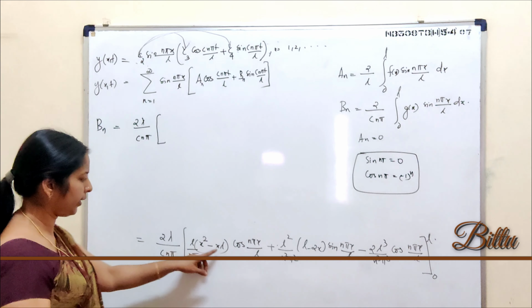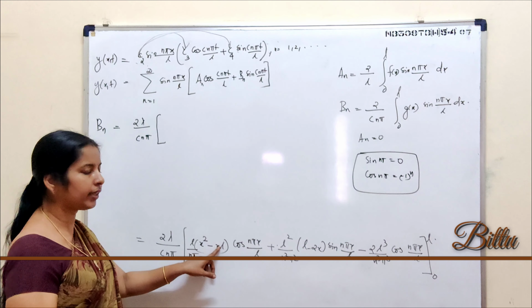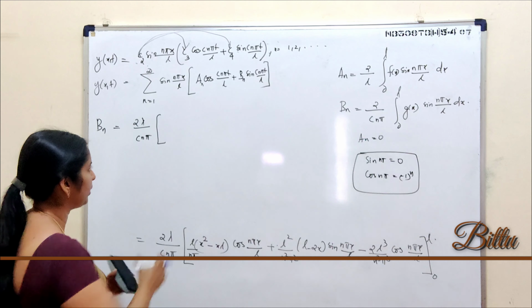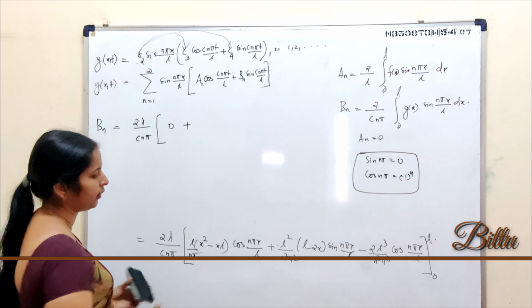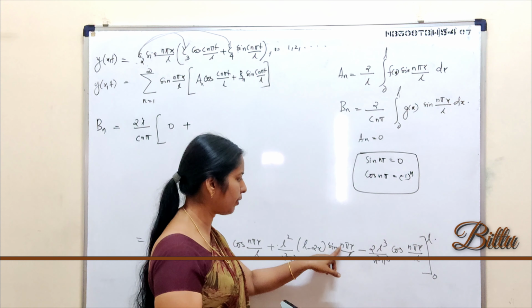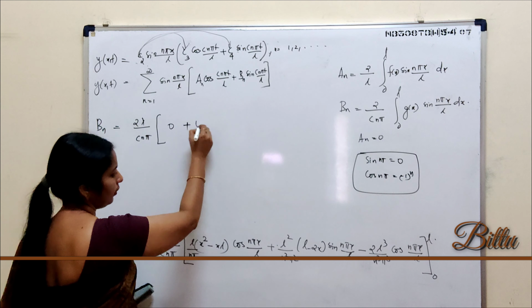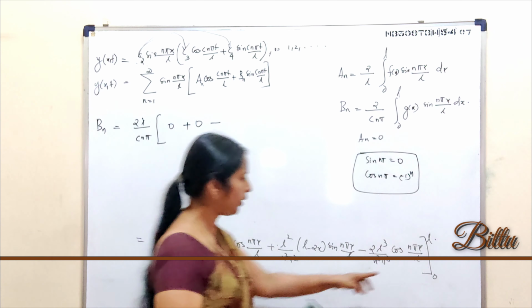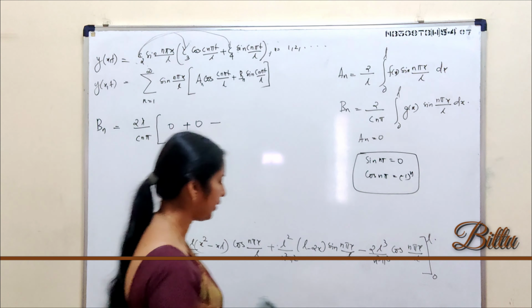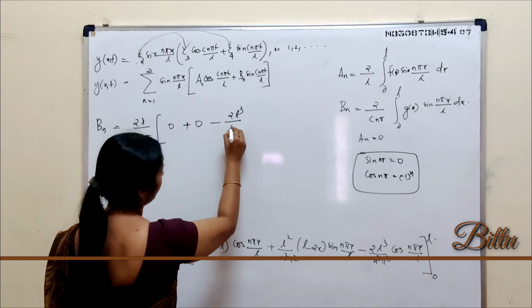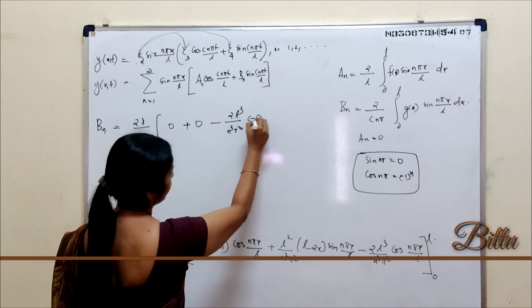When x equal to L, here it becomes L square minus L square. So this term is 0. So completely this will be 0. Plus when x equal to L, here you can see sin n pi, which is 0. So this term is also 0. Minus when x equal to L, cos n pi, it has a non-zero value and is minus 1 raised to n.